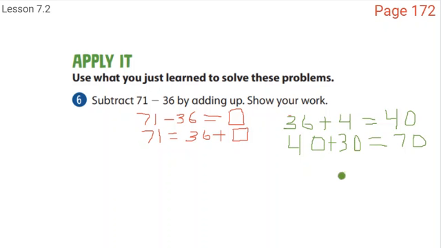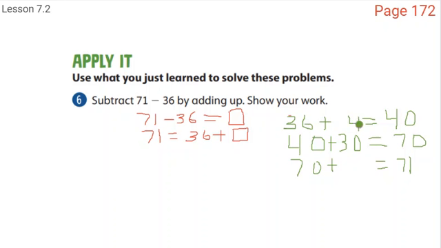There's my ones column. Now, I'm going to make sure that those are lining up. Okay, so my ones column is lining up. 4 plus 0. All right, so now we need to have 71. So 70 plus what equals 71?